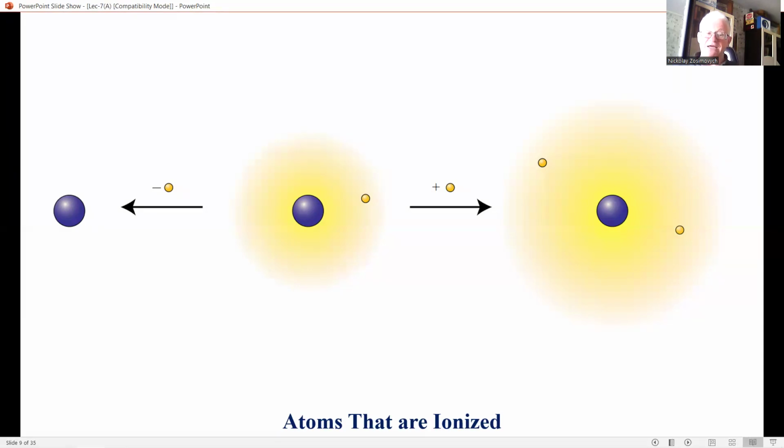If you ionize the atom by removing 1 or more electrons, the atom is left with a net positive charge. Under some circumstances, an atom may capture 1 or more extra electrons, giving it more negative charges than positive. Such a negatively charged atom is also considered an ion.